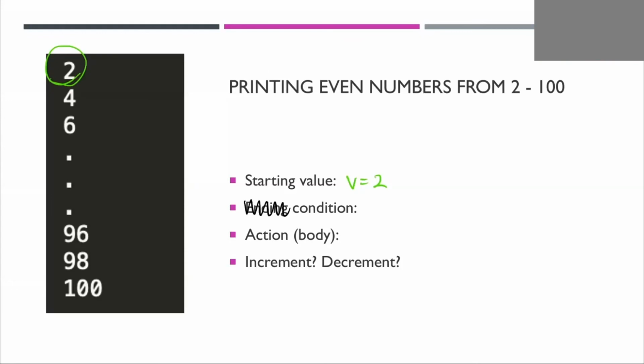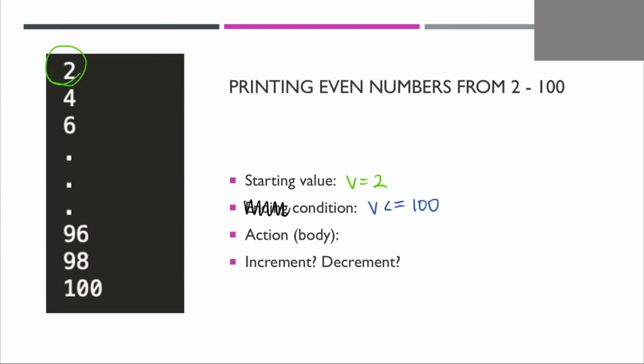Then what's our ending condition here? Where do we want to go up to, pretty much? Right, so while it is less than or equal to 100, so we want to go up to 100 and we could stop there.